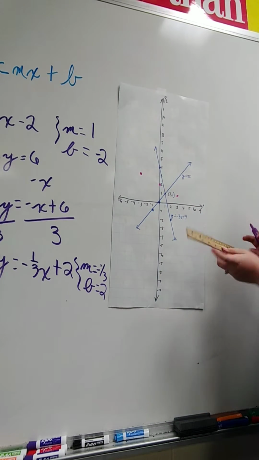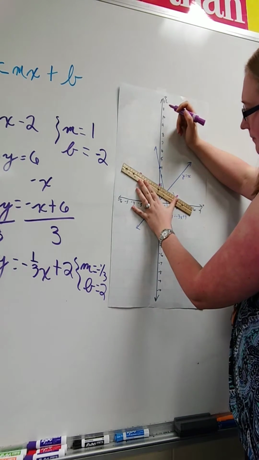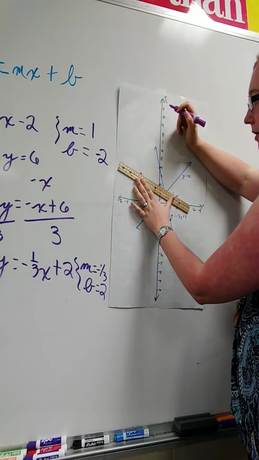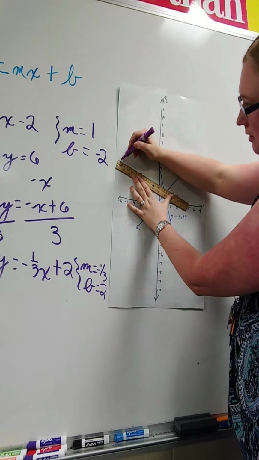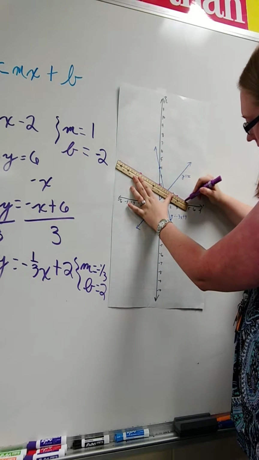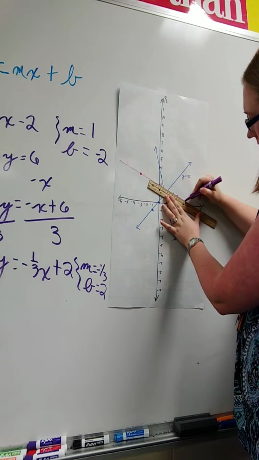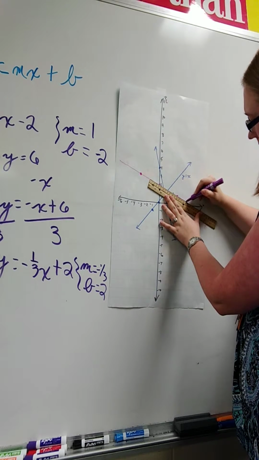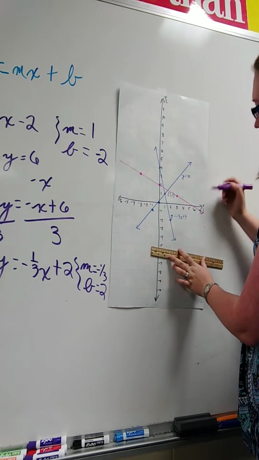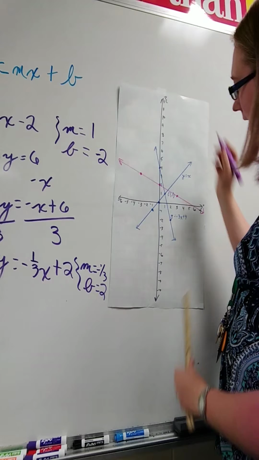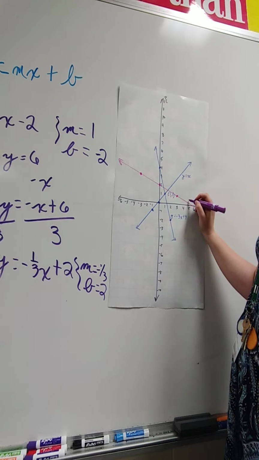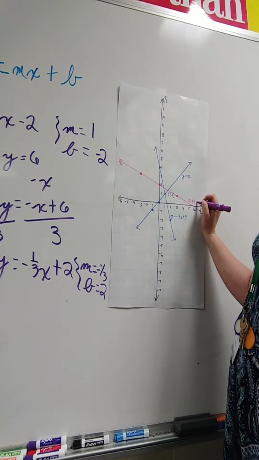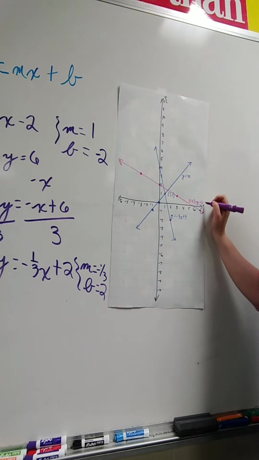And then we'll graph that line. There we go. This is x plus 3y equals 6.